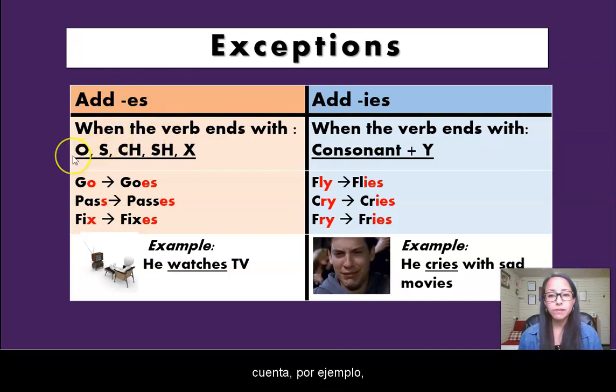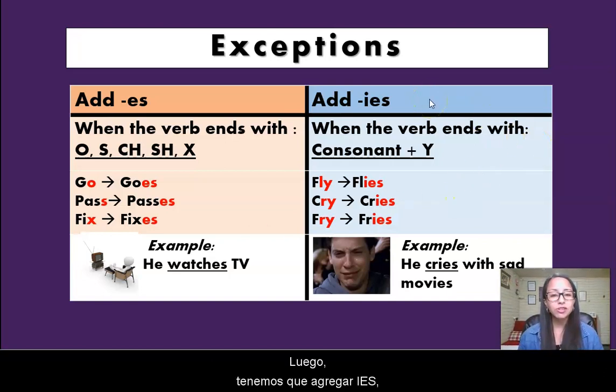For example, if the verb ends with O, S, CH, SH, or X, we are going to add ES. For example, he watches TV. So instead of just watch, we will say watches.